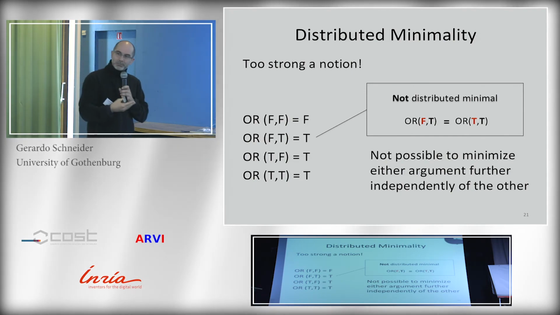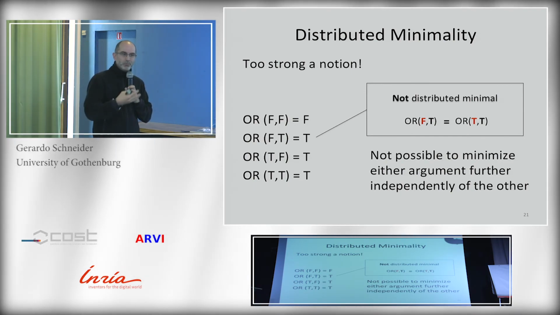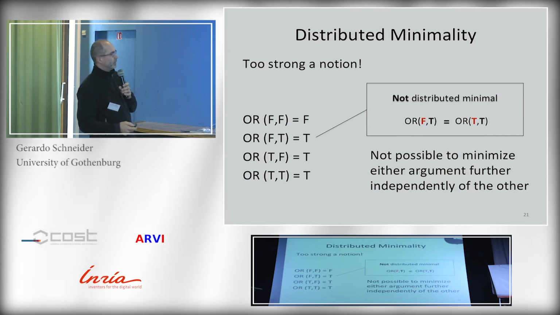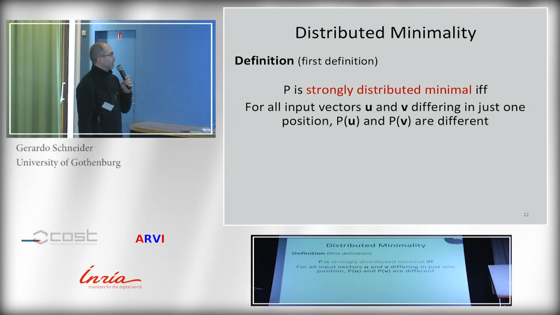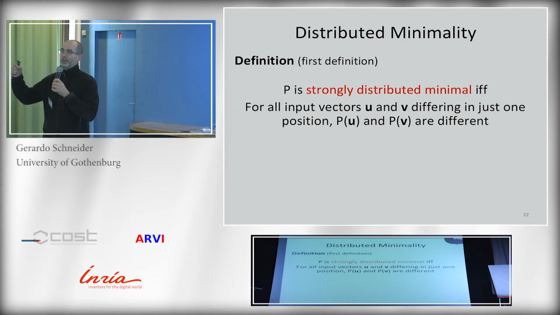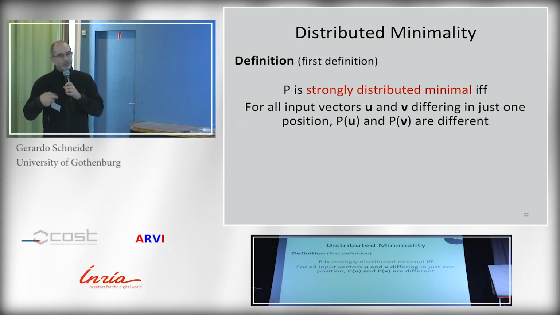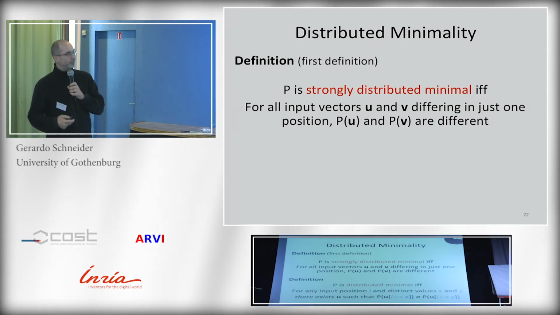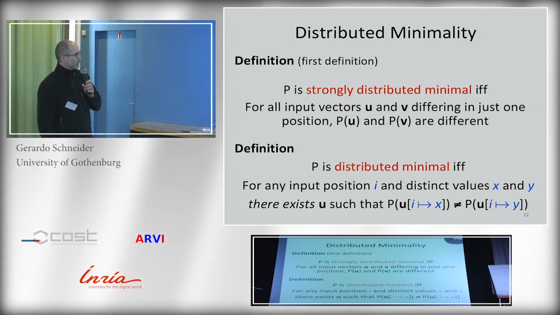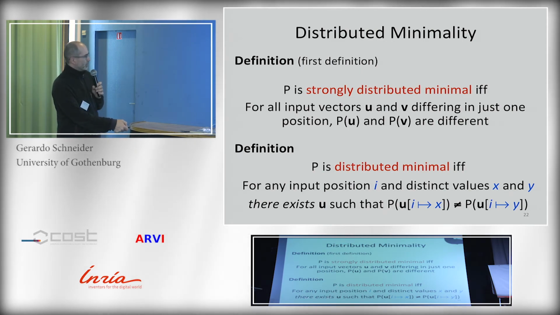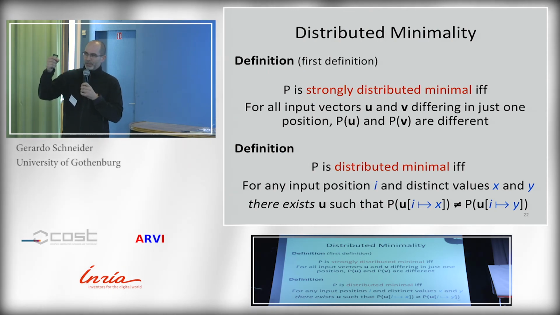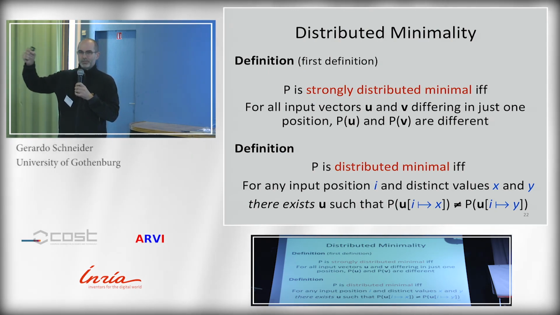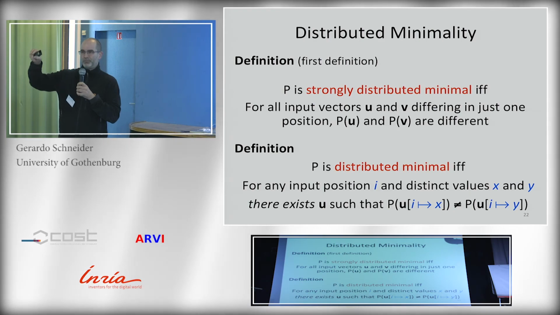So if we want to capture minimality for programs like the OR function, then of course we need a new definition. The first definition was this one. We now call it strongly distributed minimal, because the second notion that we have is weaker. In the second notion we relax this condition by saying, can I find a value for the other parameters in such a way that I can make this output different?